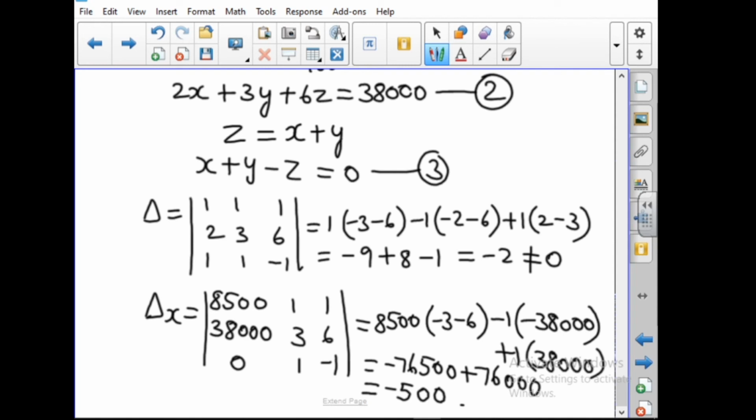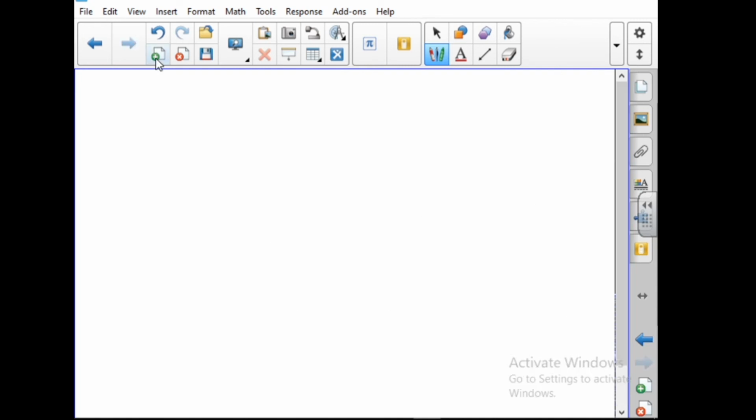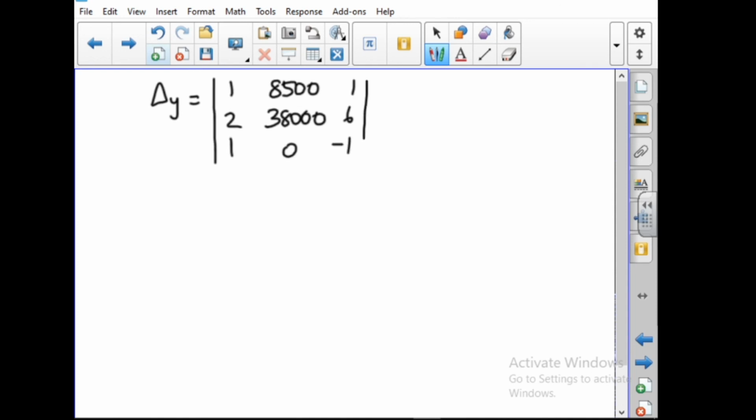So here you are getting minus 500. Now let us find out delta y. First column 1, 1, 1 as it is. The center will be 8,500, 38,000, 0, then 1, 6, minus 1. So here your answer is 1 into minus 38,000, minus 8,500 into minus 2, plus 1 into minus 38,000.